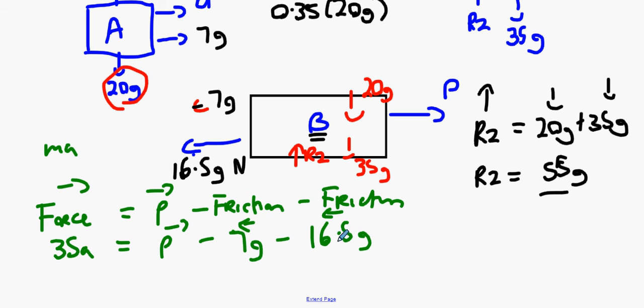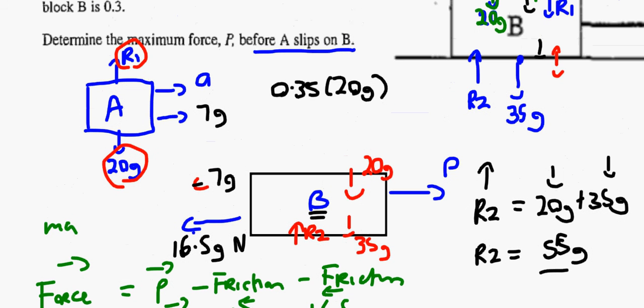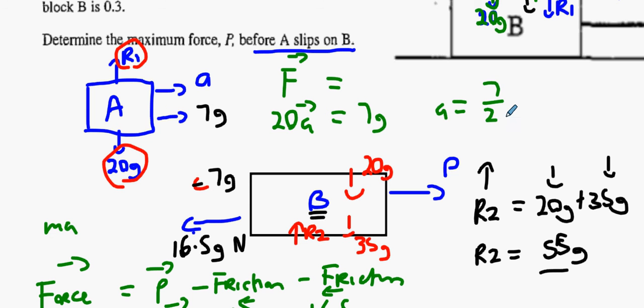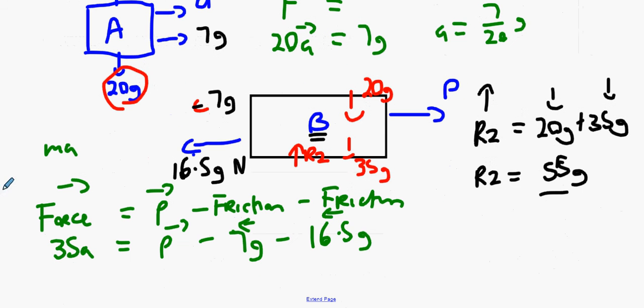So if we go to particle A, which is moving across with 7g newtons, force is ma, which is 20a, moving directly to the right, and the only thing causing A to move to the right is that 7g. So a equals 7g over 20. Now we can say that's 35 times 7g over 20.